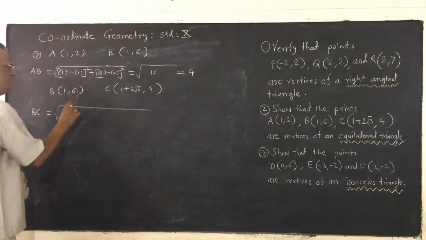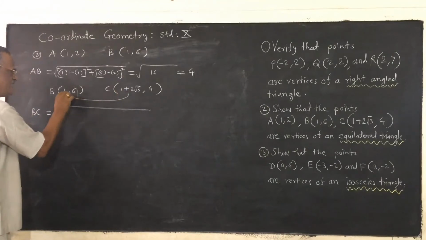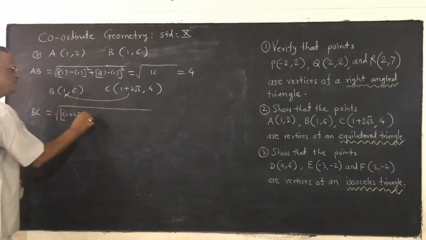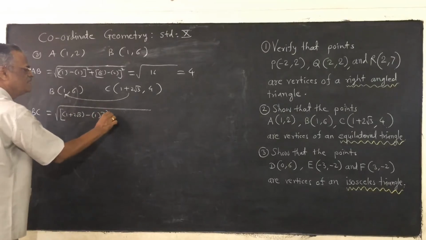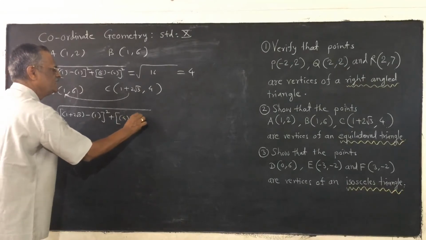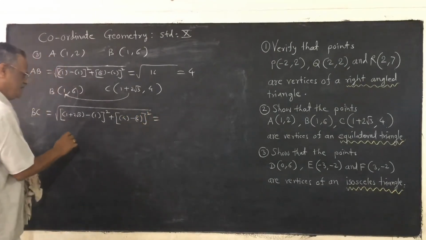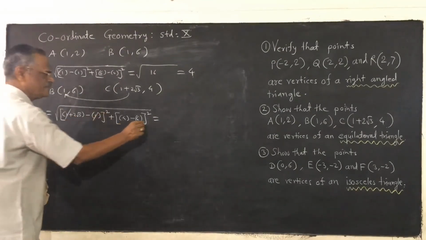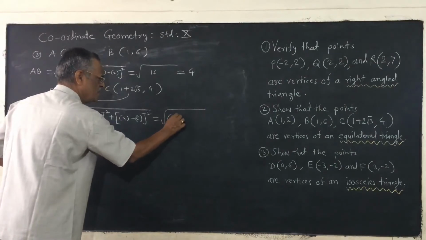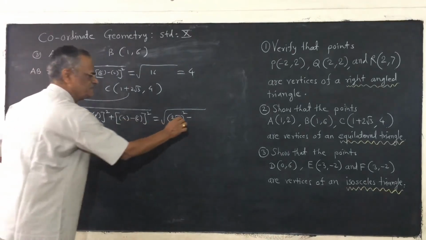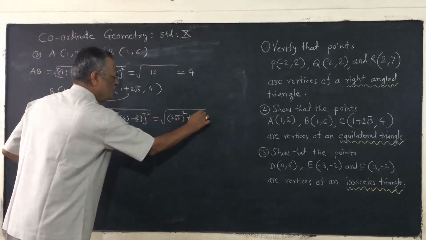Same formula. x2 minus x1, you can see what is x2 there? (1 plus 2 root 3 minus 1) bracket square plus (4 minus 6) bracket square. 1 minus 1 cancellation, and 2 root 3 square. We have to find out 2 root 3 square plus (4 minus 6) bracket square.